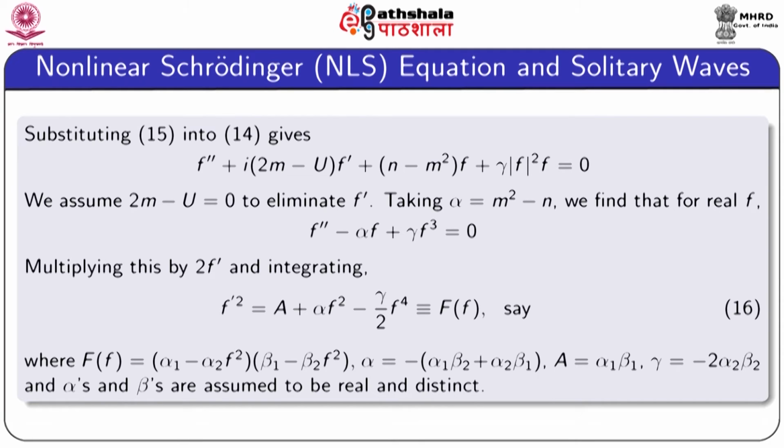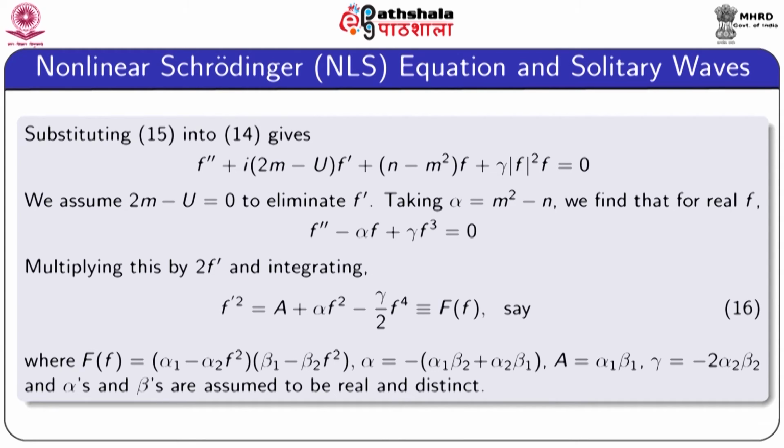Now, to eliminate f dash, we choose small m in such a way that the coefficient of f dash becomes 0. So, we assume 2m minus U equals 0 and we take alpha as m squared minus n, and we are interested in finding the real f. So, for real solution, |f| is simply f.